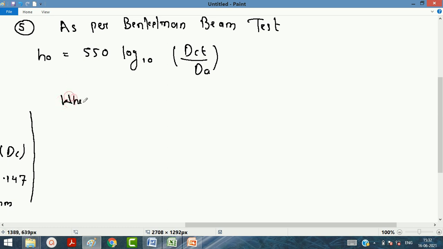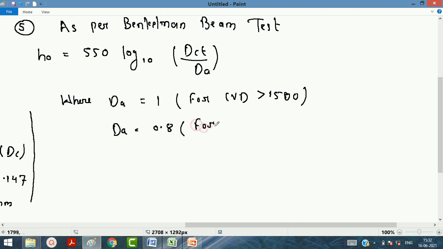there are two conditions for dA. If the CVD is greater than 1500, then we take dA equal to 1, otherwise 0.8 for the condition if CVD is greater than 3000.